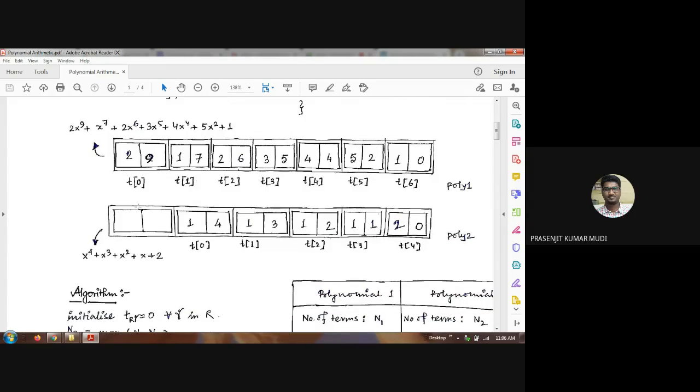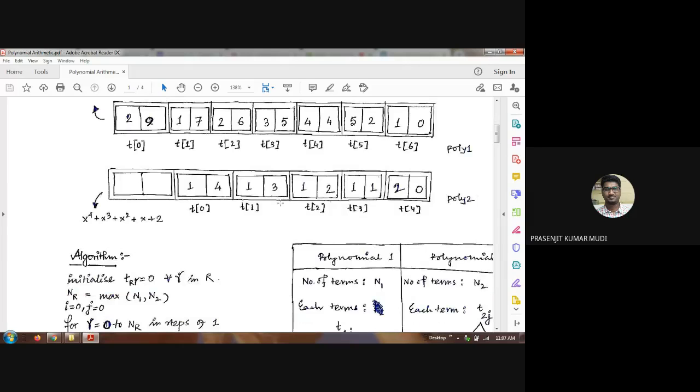Now if we consider another polynomial of 5 terms, it can simply be stored like this in a two-dimensional array. So t0, t1, t2, t3, t4. So 1 4, 1 3, 1 2, 1 1, 2 0.